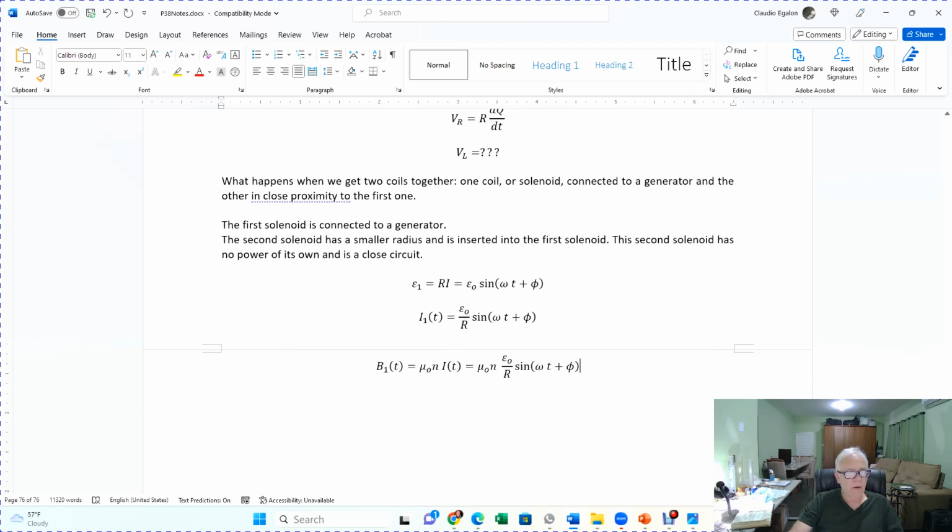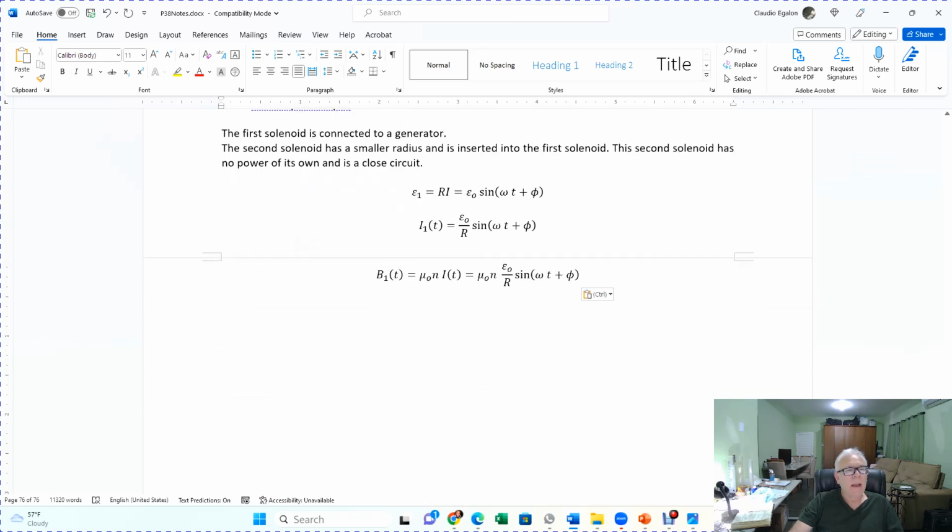Because the first solenoid has a current as a function of time, it will also have a magnetic field as a function of time as well. And once we introduce the second solenoid into the first solenoid, there will be an induced current in the second solenoid, right? This smaller radius.